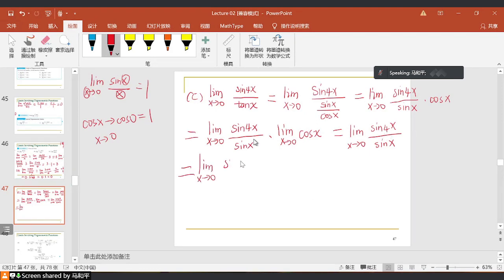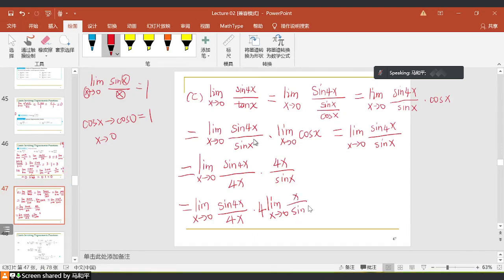4x, which on the right is sin 4x divided by 4x, right? Same, and times 4x over sin x. Okay, and we can continue to write this as the limit as x approaches 0 of sin 4x over 4x, times the limit as x approaches 0 of 4, and 4 is a constant, maybe I write it in the front, 4 times x over sin x.